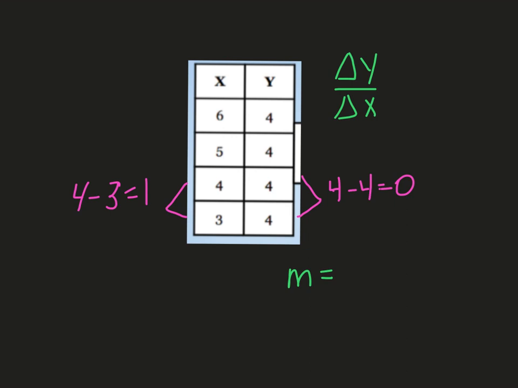So the change in y is 0, and the change in x is 1. Well, what number times 1 gives you 0? That would be 0. So slope is 0.